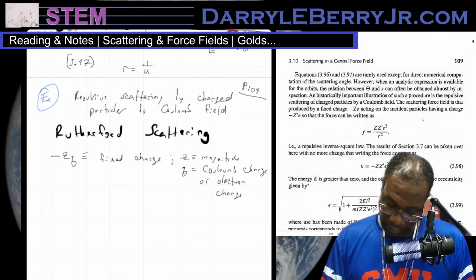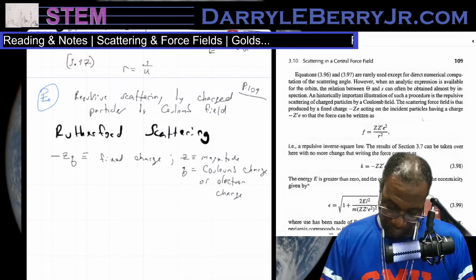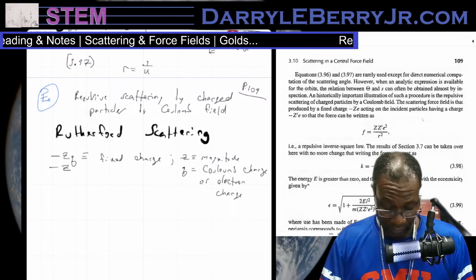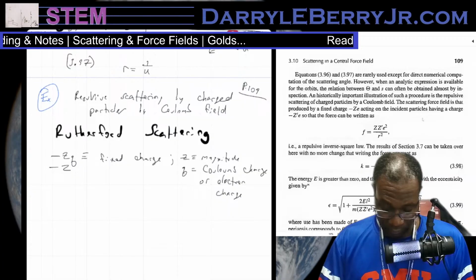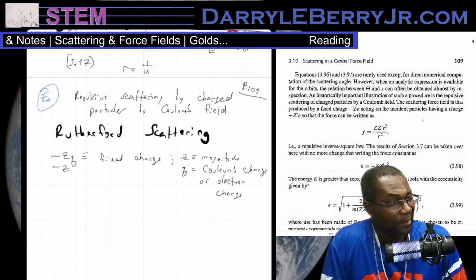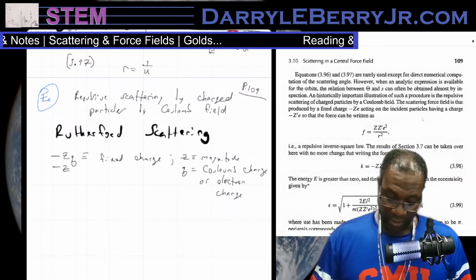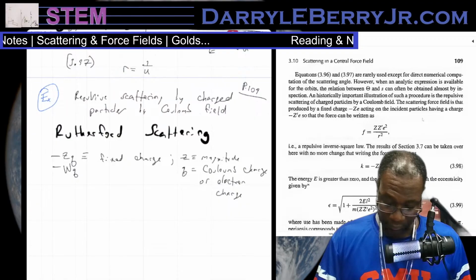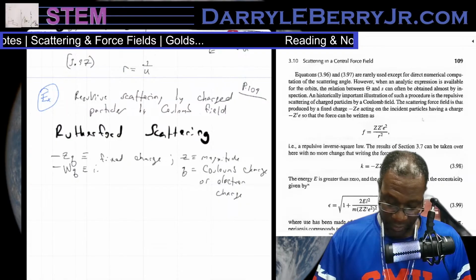And negative W, the primes. When we say negative WQ is the incident charge.